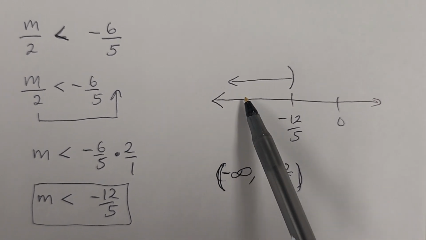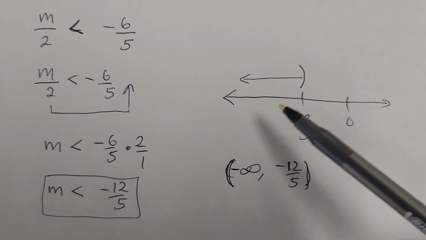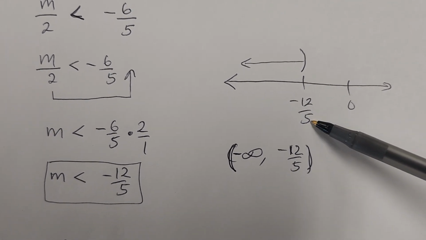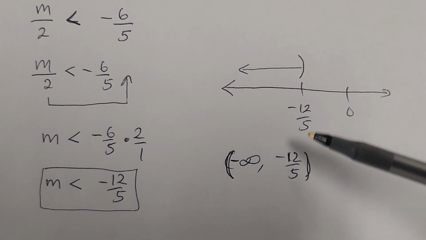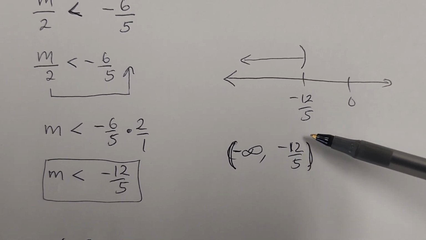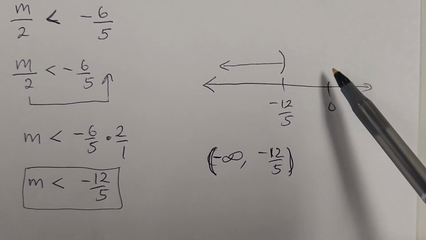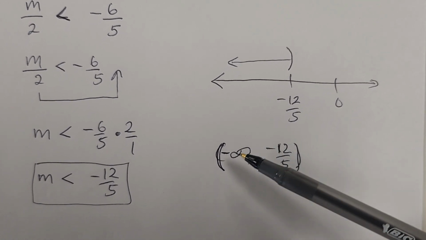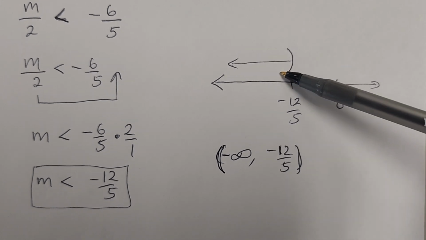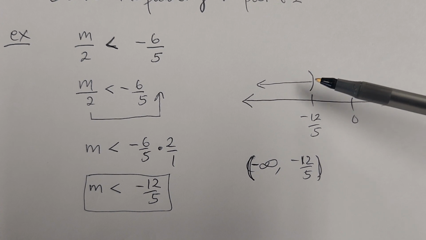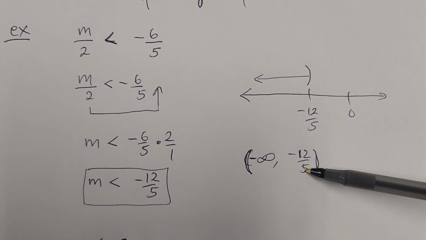Then keep walking to the right and you reach negative 12/5 with parentheses. If you keep walking to the right, there's nothing left, so this is my interval notation. This is the answer, this is the graph, this is the interval notation.